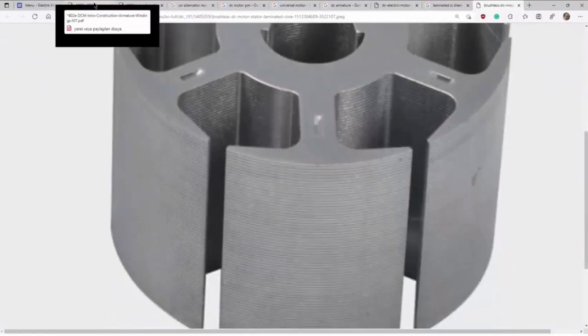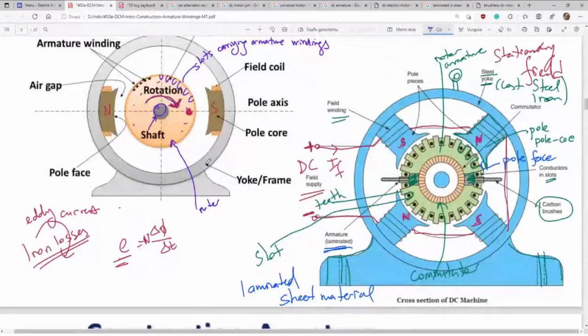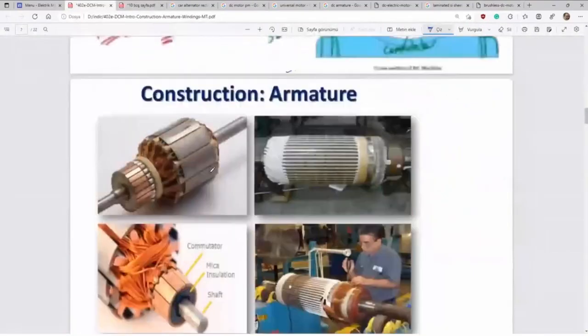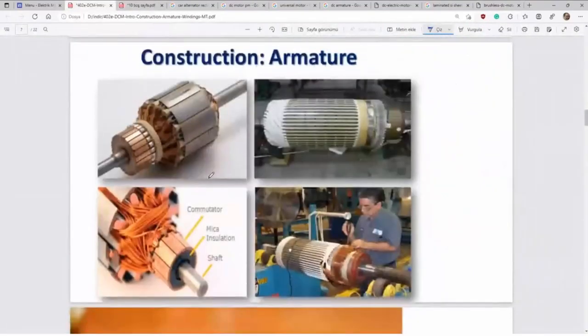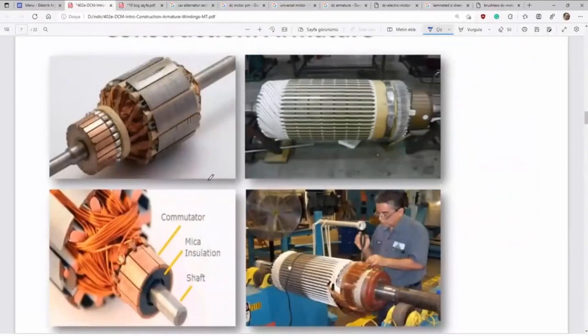Let's turn back to our topic and try to complete the first session today. Here you see the armature. Armature conductors, windings, you see the commutator mechanism.